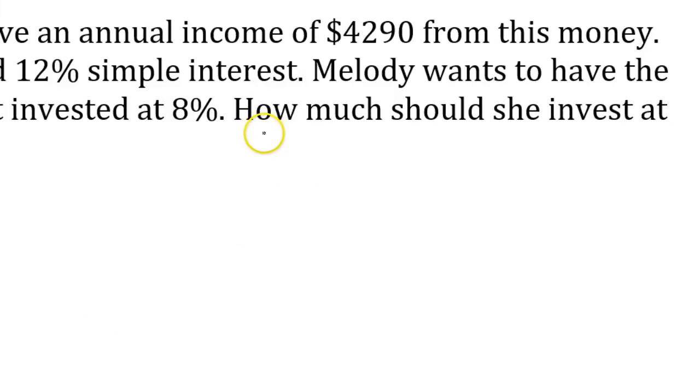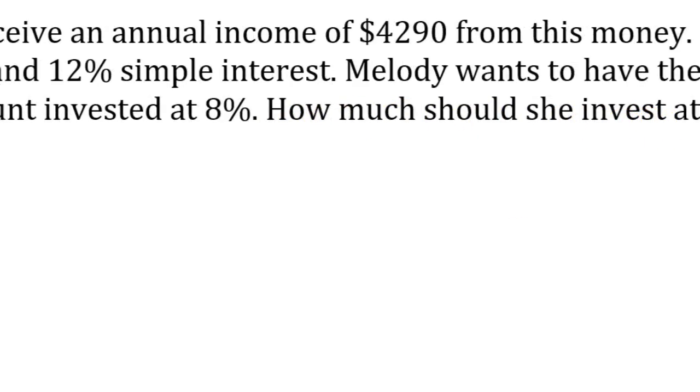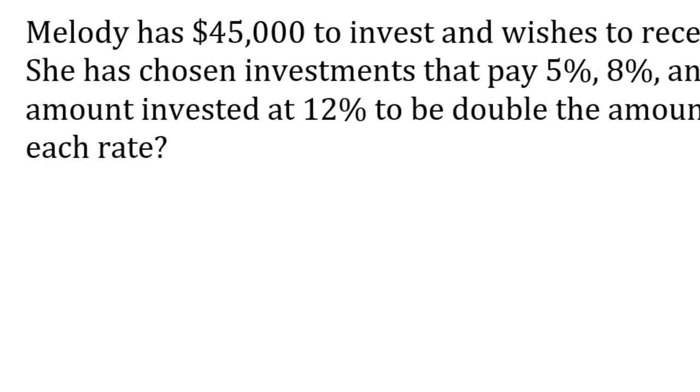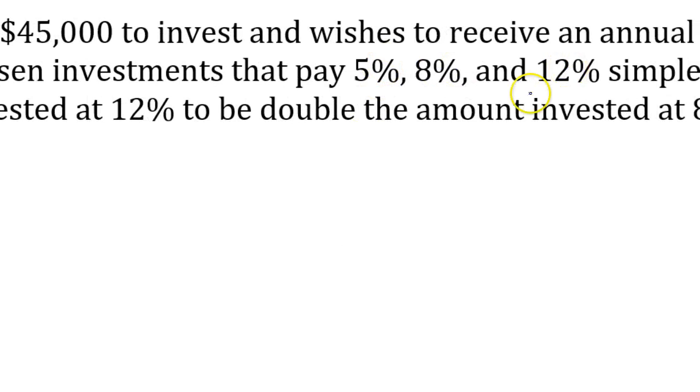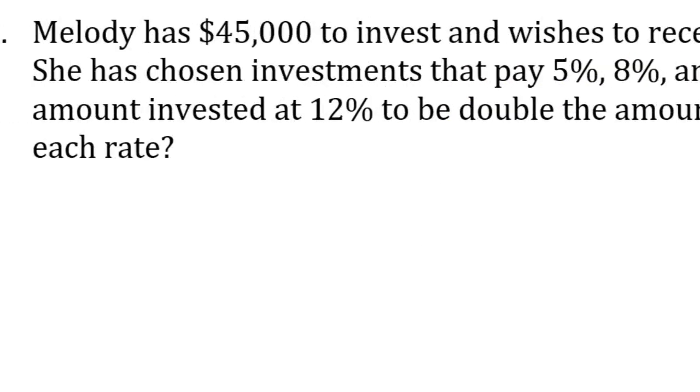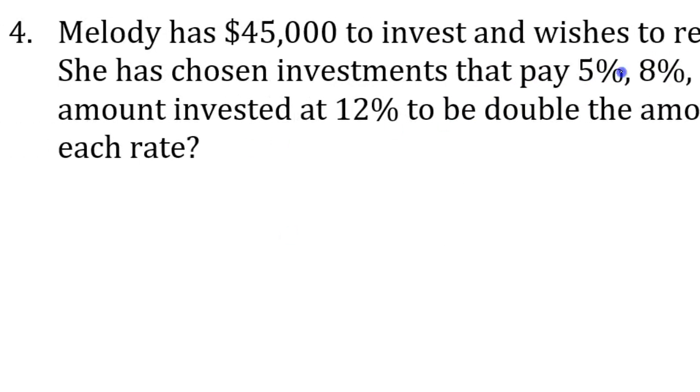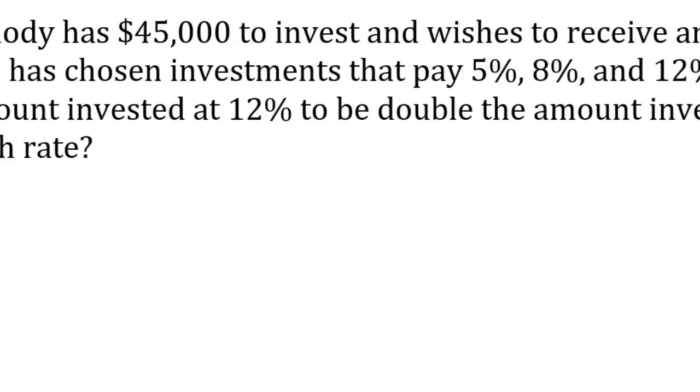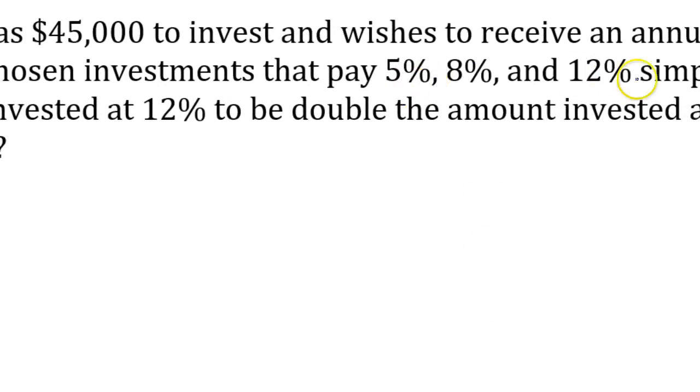First, we have to define our variables. So we look at what we are being asked to find. How much should she invest at each rate? Notice that there are 3 rates that we're dealing with, so there will be 3 variables. I'm just going to use X, Y, and Z because I can't think of any letters that will automatically indicate these percentages.